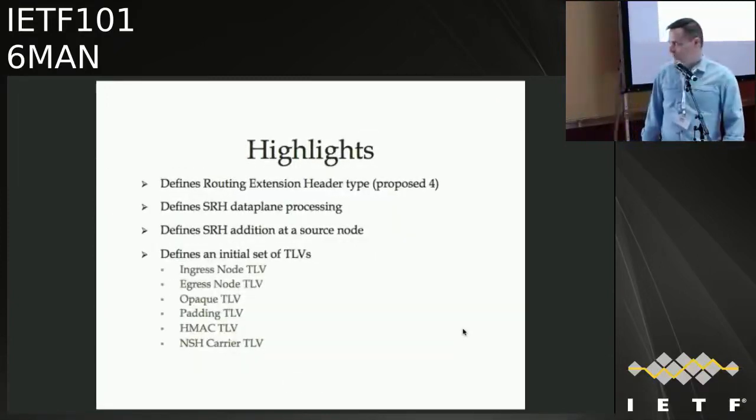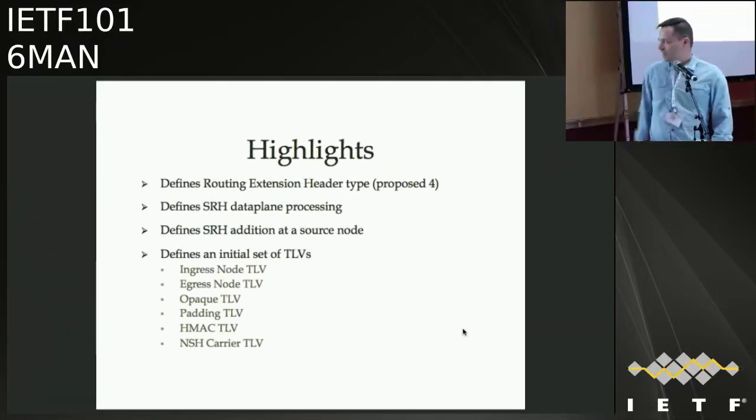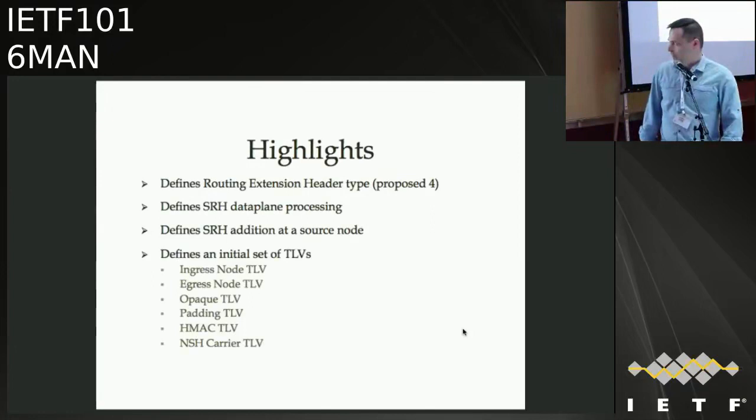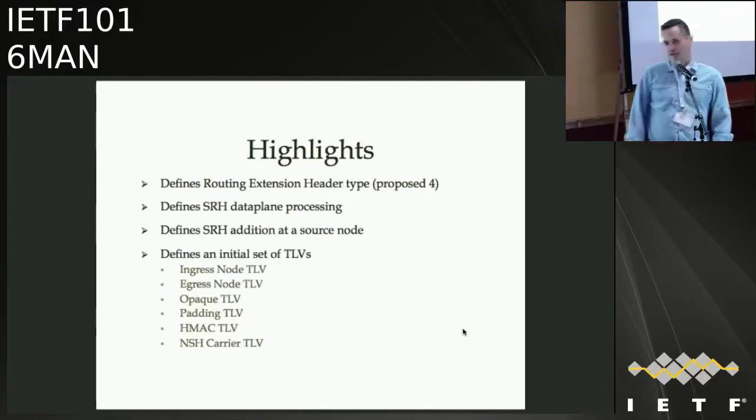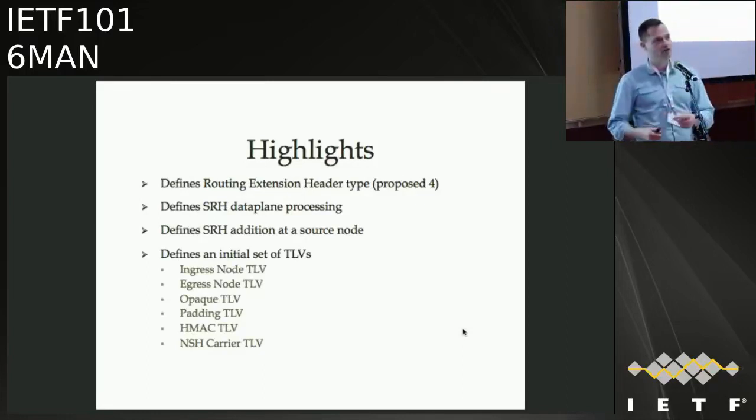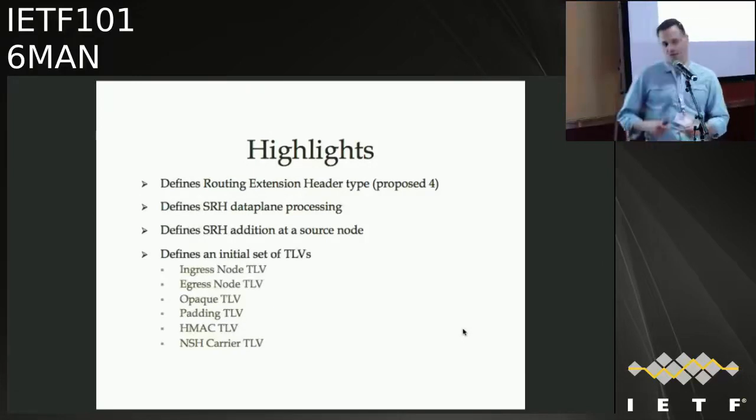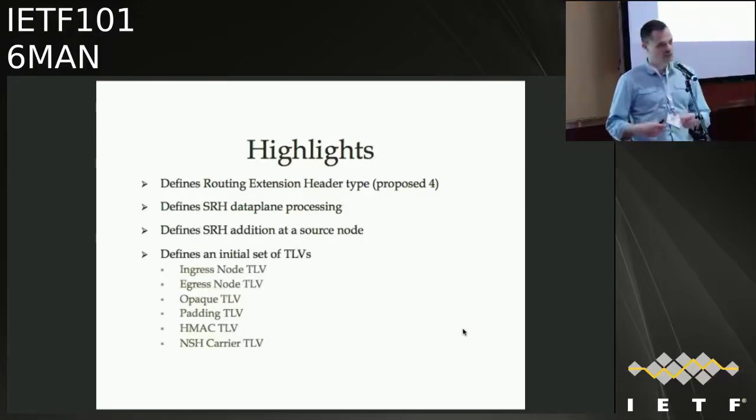Hopefully that's familiar to everyone interested. The SR header defines a routing extension header of type 4. The draft defines data plane processing insofar as it defines which nodes are responsible for adding the SR extension header and how that extension header gets processed at each of the destinations as that segment list gets executed.